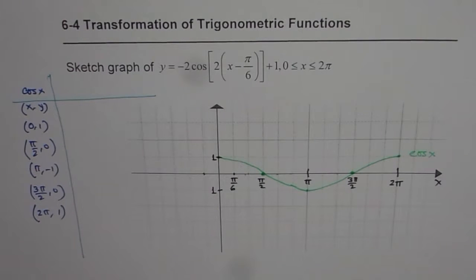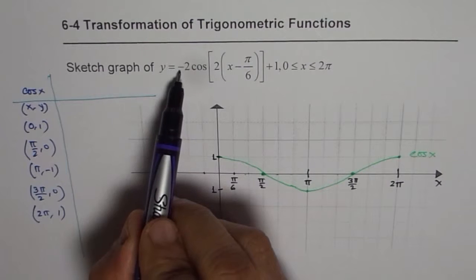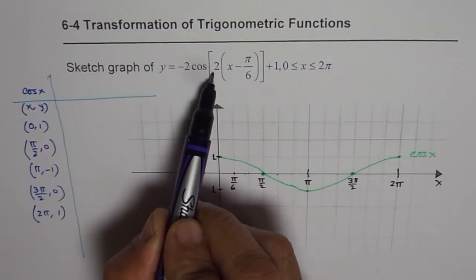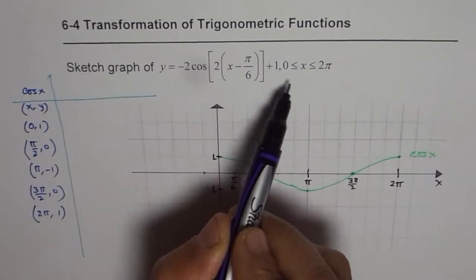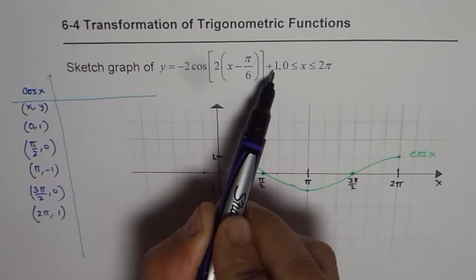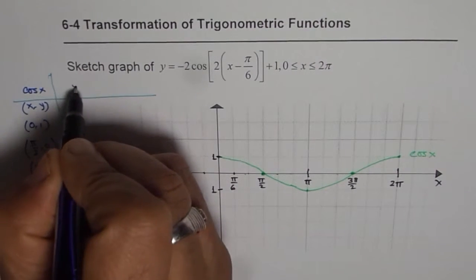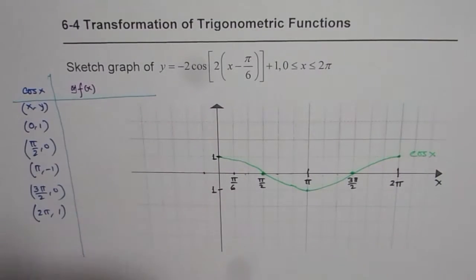Now for the transformed function, as you can see, the transformation is a reflection on the x-axis, a vertical stretch by a factor of 2, a horizontal compression by a factor of half, a horizontal translation of pi by 6 to the right, and a vertical translation of 1 unit up. Now this will have an effect on, so we'll write y here, which is, let's say, the function f of x to be very clear.